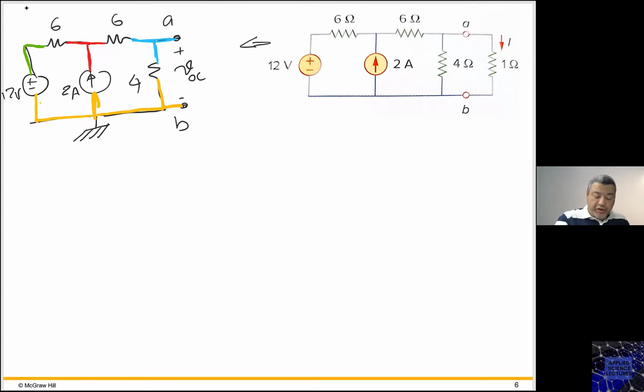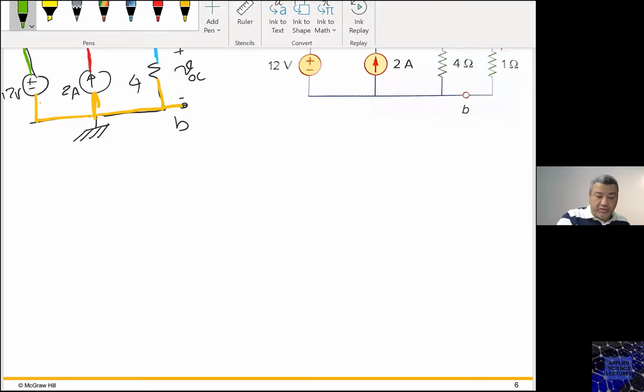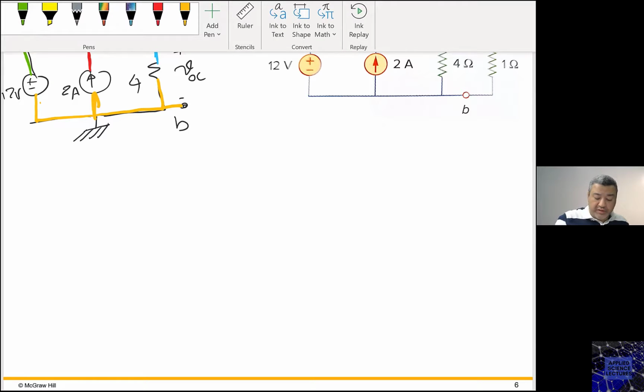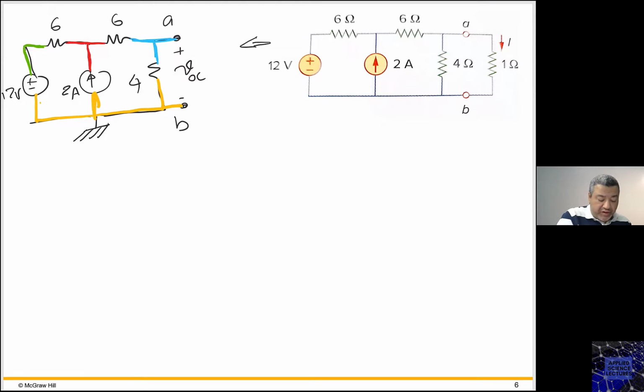However, if you recall, the node that is connected between the reference and a voltage source will result in the node being known, right? We don't need to write a nodal equation right here because now this becomes 12 volt. So this node is known. So what are the nodes that I need to write the nodal equations for?